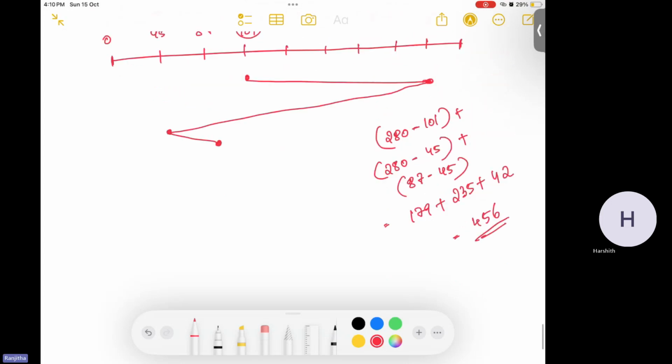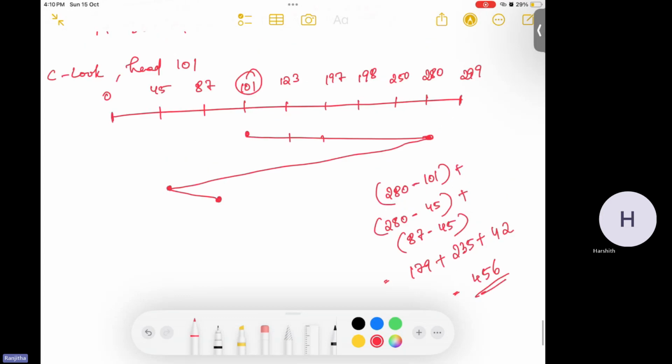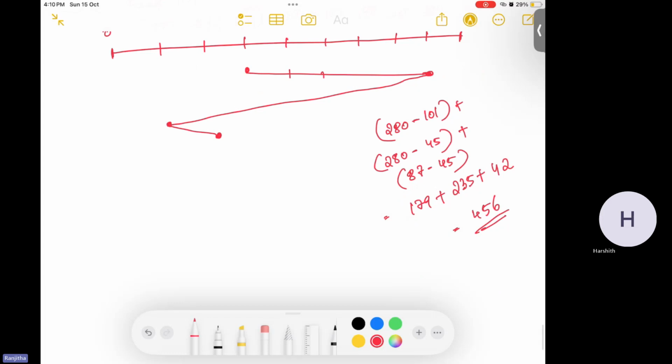You can actually compute the difference, but this is easier since it's easier to compute the head moves. So 456 is the answer here.